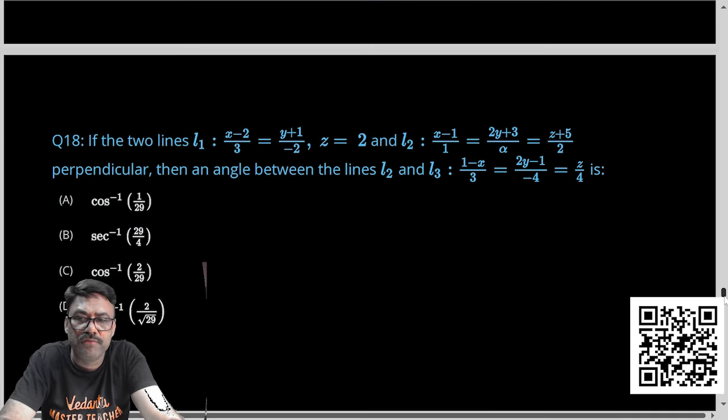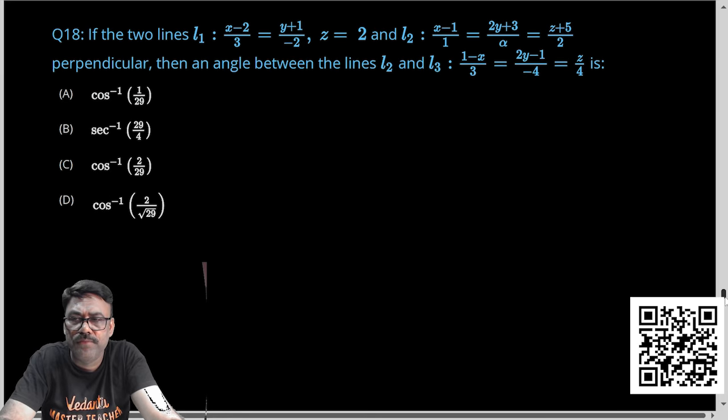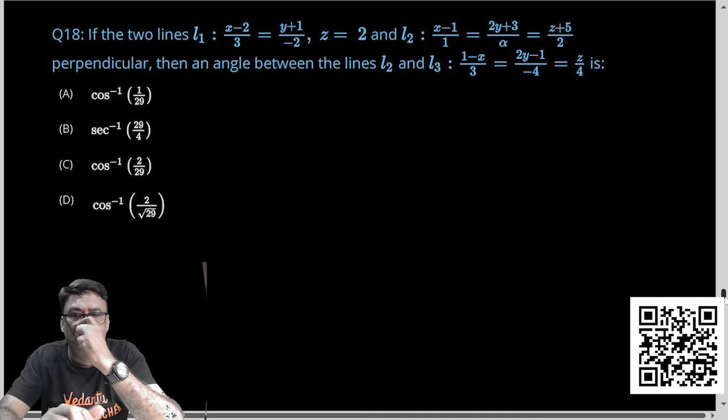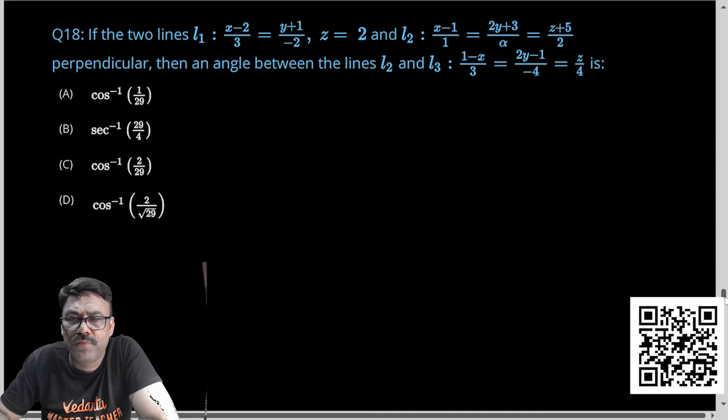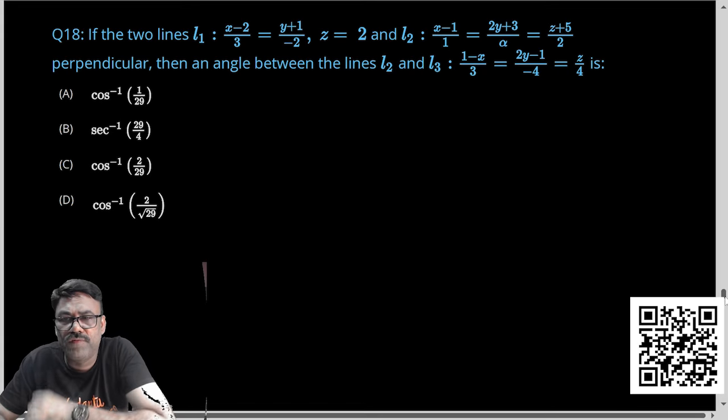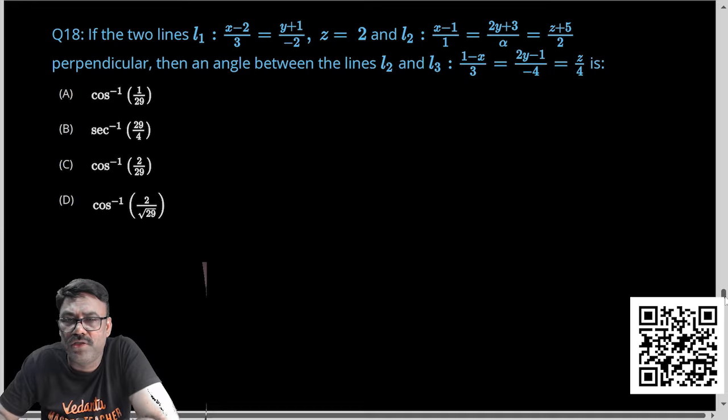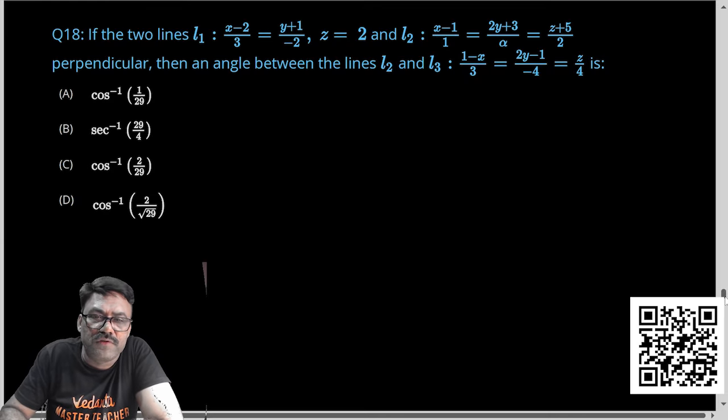Next, I will take question number 18, again based on 3 dimension. You are given two lines L1, L2, and these two lines are perpendicular. Then another line L3 is given, and you have to find the angle between L2 and L3. So let's write L1 first.